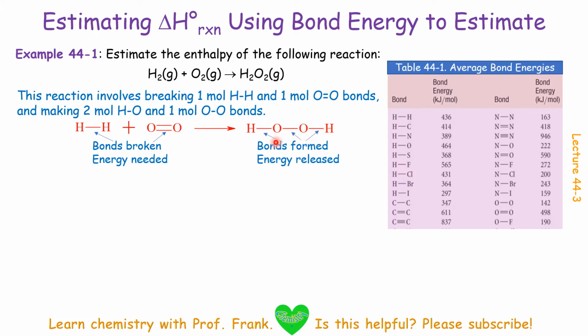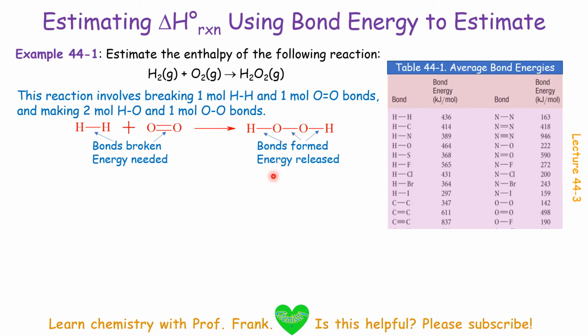That's why you can see there are 2 moles in each mole of H2O2. There are 2 moles of H-O single bond. That's why we have these 2 moles of H-O single bond here, and 1 mole of O-O single bond.